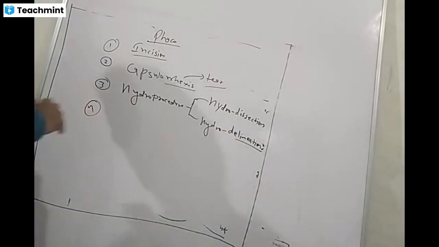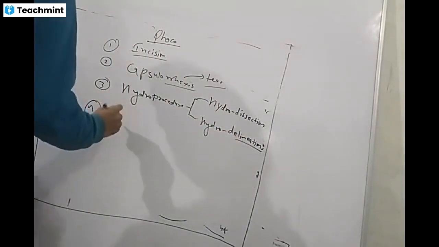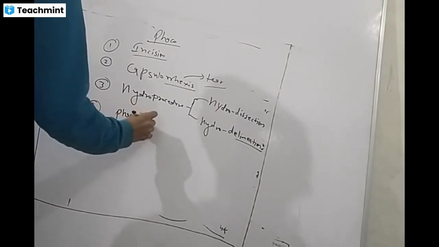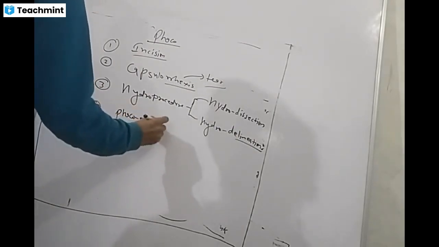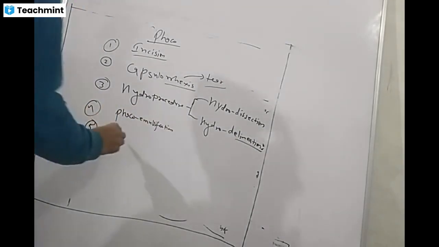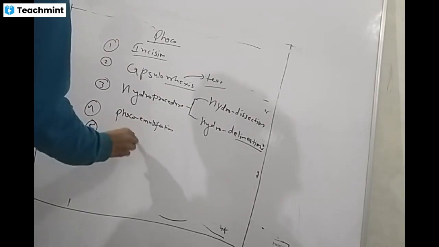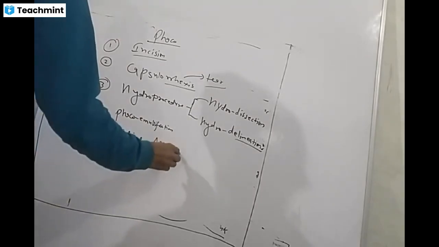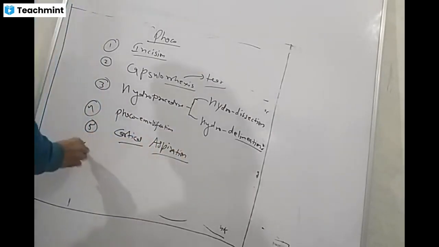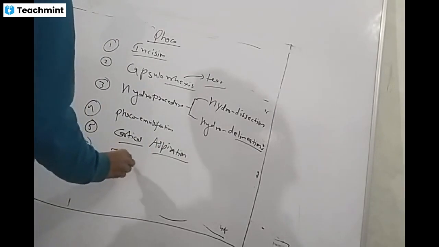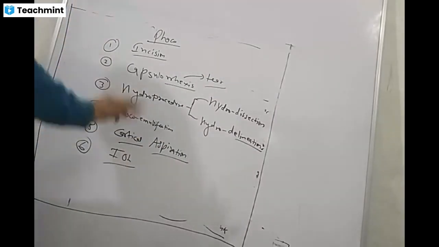The fourth step is phacoemulsification, and fifth is cortical aspiration. After you make it powder, aspirate it. The last step is, once you remove all the content of the cataract, the capsule bag is there.